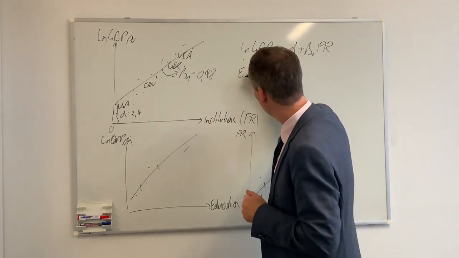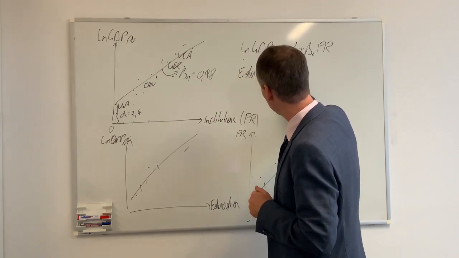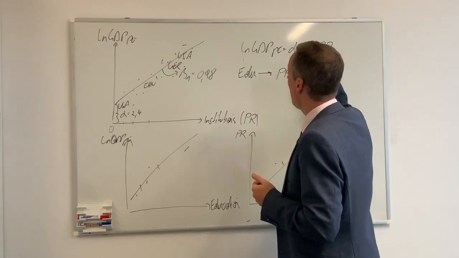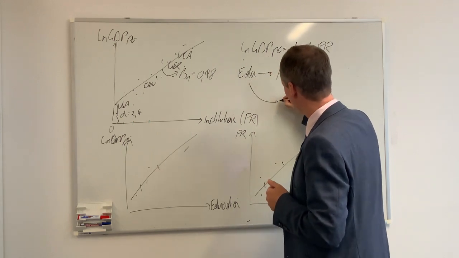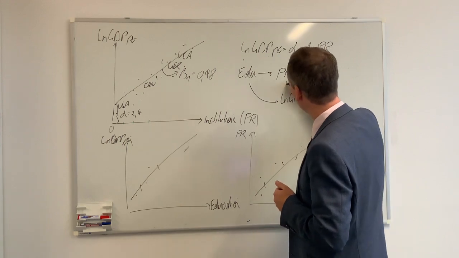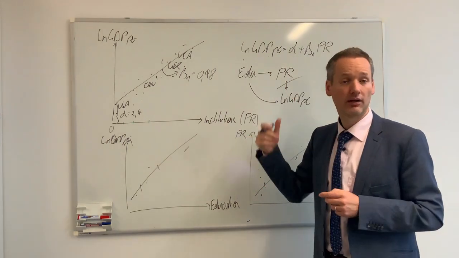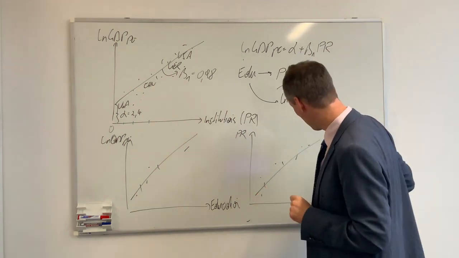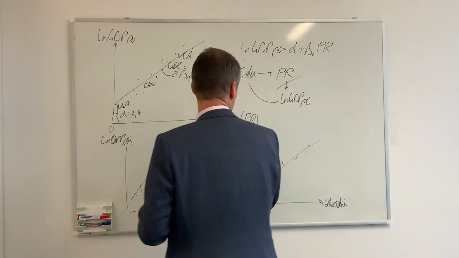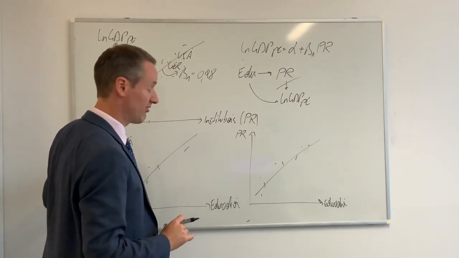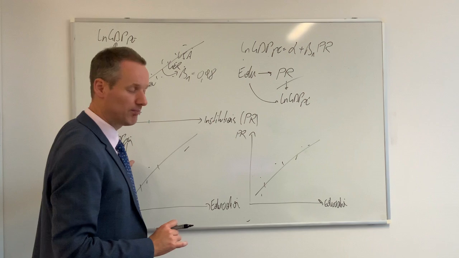So for example, it could be that education is affecting property rights, and education is affecting ln GDP per capita, but there is no link between property rights and GDP per capita, only because education is positively correlated with property rights and education is positively correlated with GDP per capita.